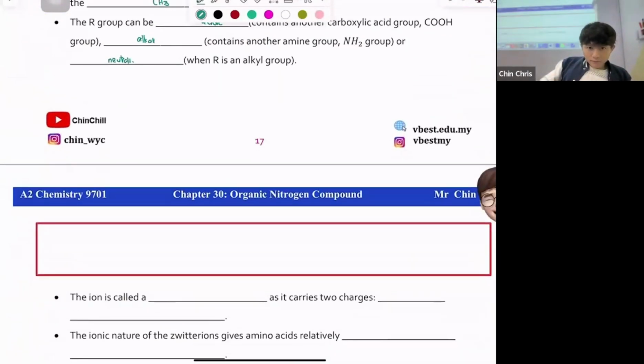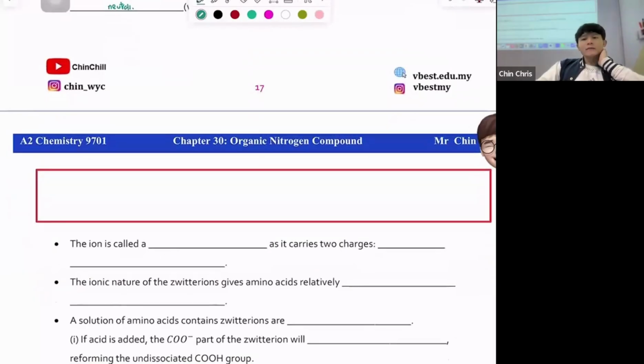All right, guys, 18. Hey, what is this? Oh, okay.